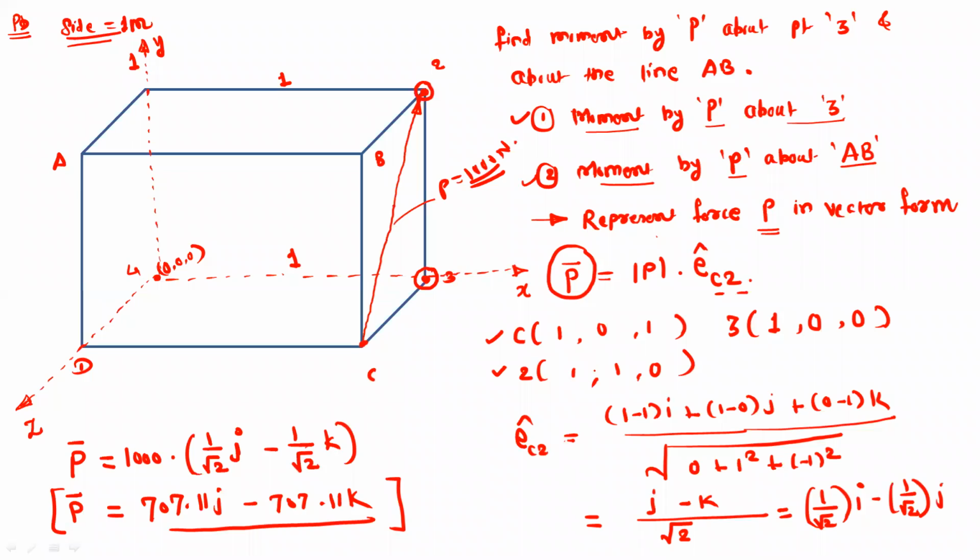Okay, so you can refer to the moment formula about a point. So the moment by the force about a point. Now we require the moment by force P about the point 3. So this is equal to the position vector, that is r bar, cross the force vector.